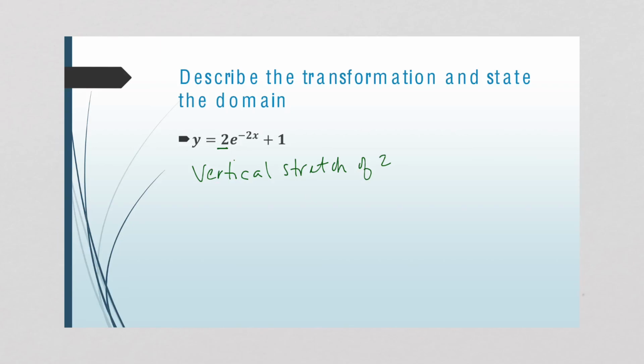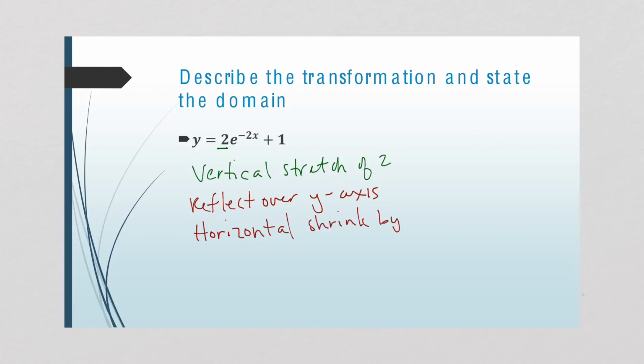Next, I have a reflection over the y-axis and a horizontal shrink by 1/2. And then I went up 1. And my domain stays negative infinity to infinity.